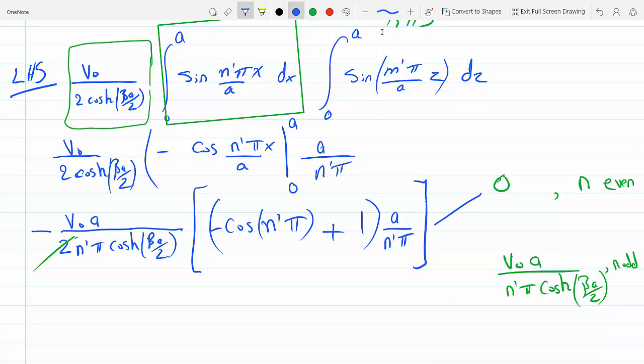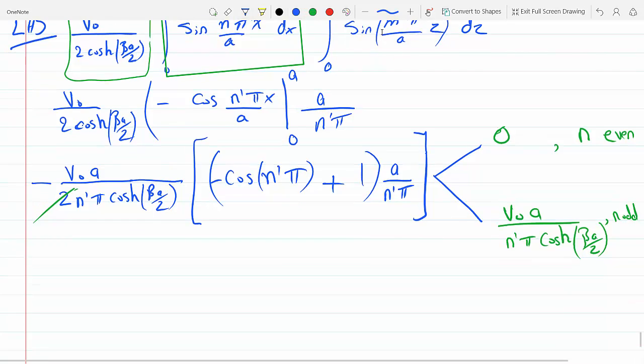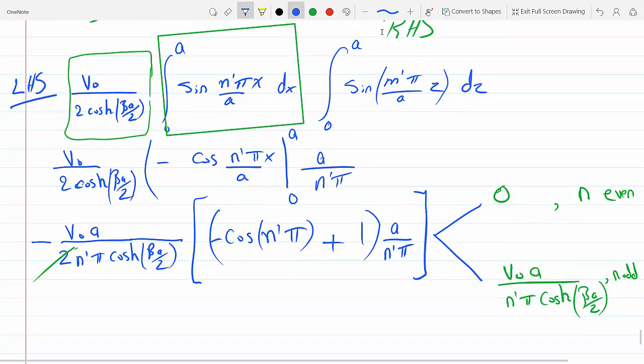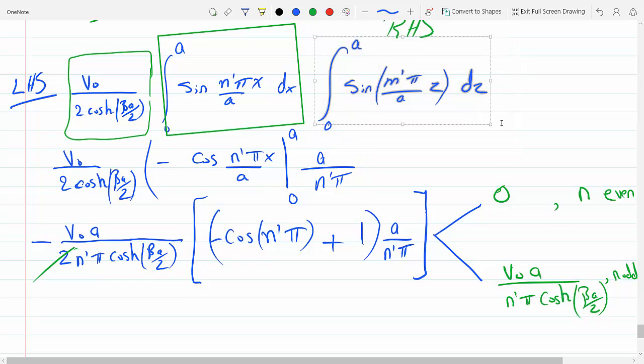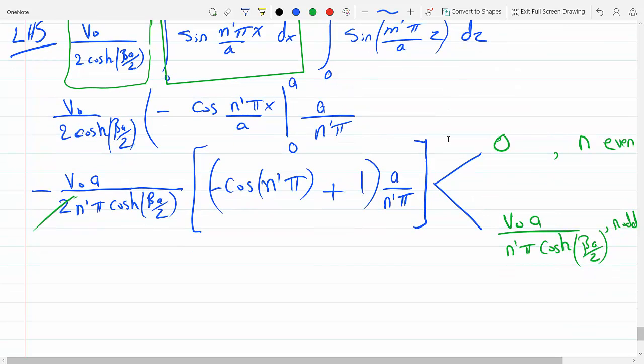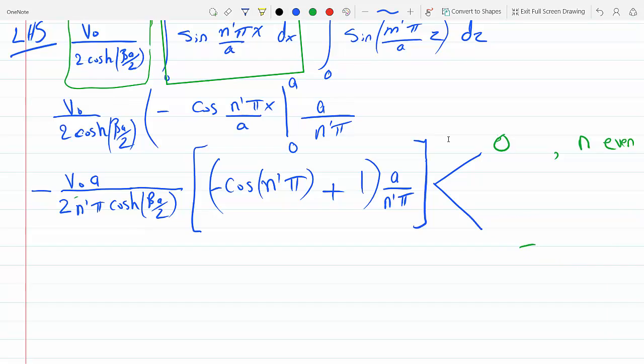If n is even, you would get 0, and if n is odd, you will get this, except that I have another term like this. So I will just write the result as if I have evaluated this, because this is a z and it'll be the same thing. Because you're going from 0 to a, leave this 2 here. So if n is odd, let's rewrite the result.